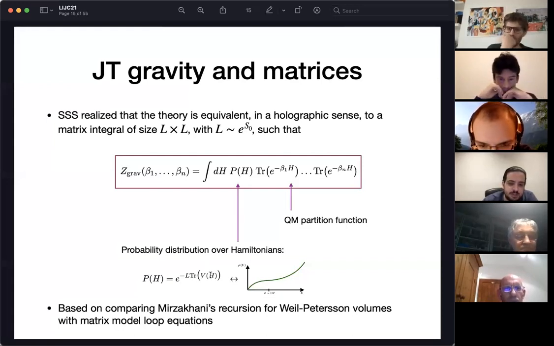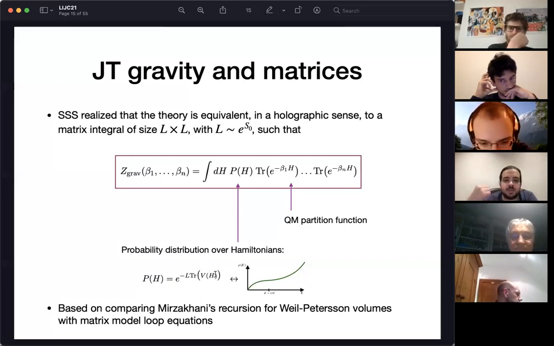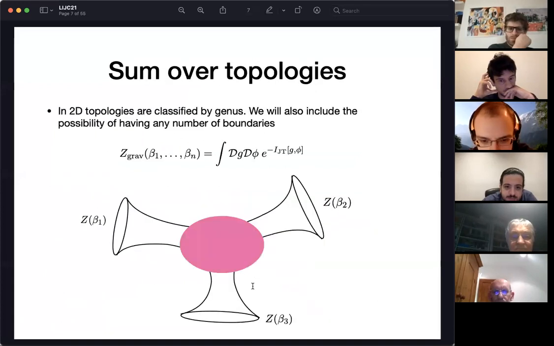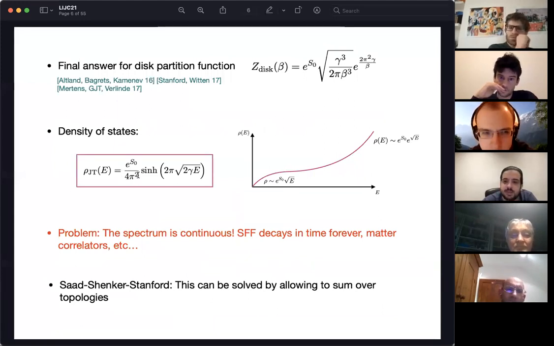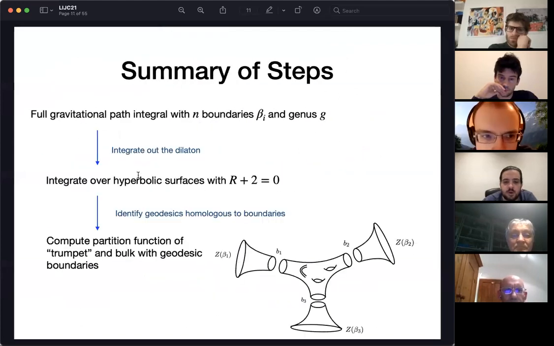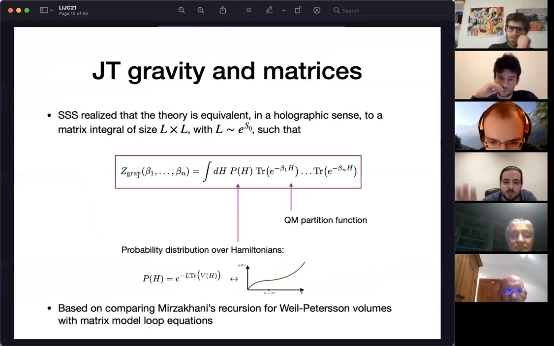This V of H you can find. If you tell me in the disk what the density of states at large L is, which is this function here, knowing this determines V of H completely. Well, completely up to the double scaling limit.